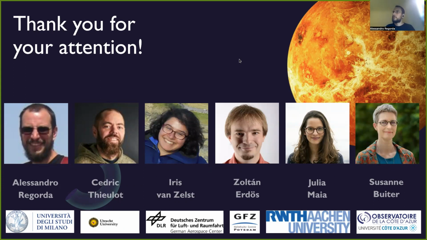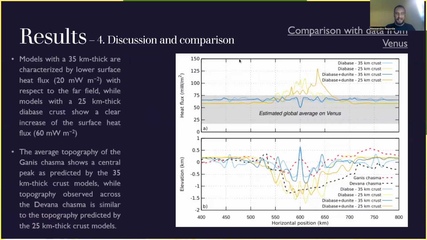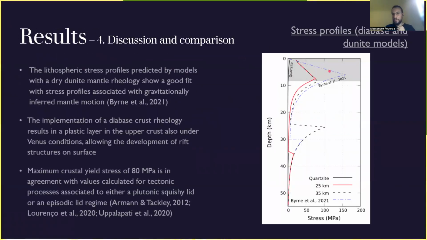Maybe not. Now I'm thinking about that, because if you see the stress profile, the plastic layer is just in the first 8-9 kilometers, and below that is just a creep behavior.